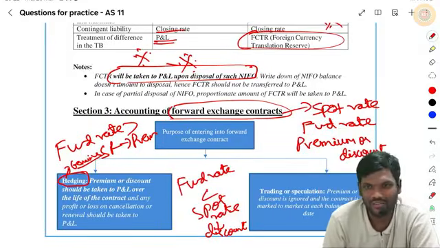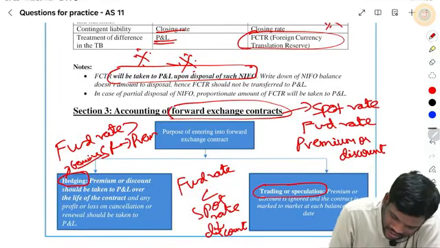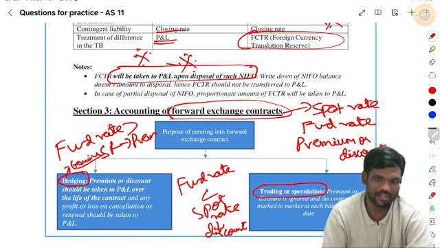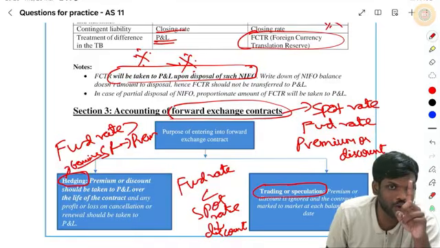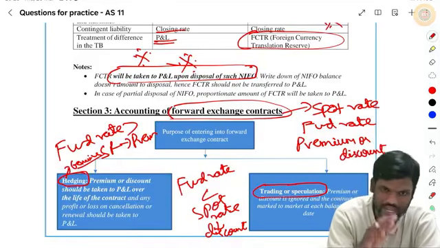Some people will not have any risk, but they will want to play with the exchange rates. They are called traders or speculators. Now the accounting will change depending on whether you are a hedger or a trader or speculator. What does AS 11 say?